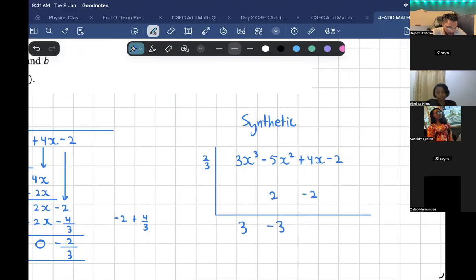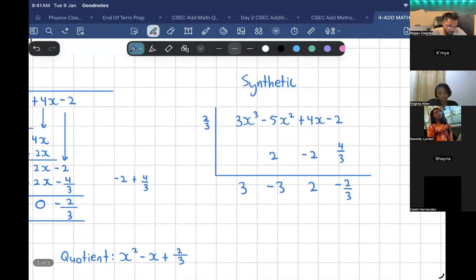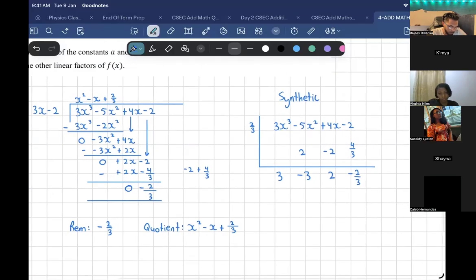Then I add, so 4 minus 2 is 2. Then I multiply 2 by 2/3, and that would be 4 over 3. And minus 2 plus 4 over 3 should be minus 2 over 3, right? That's it. Now that means we did something wrong the first time.